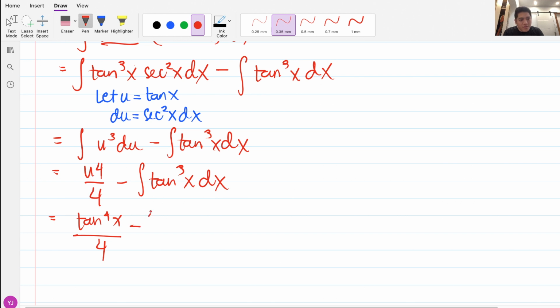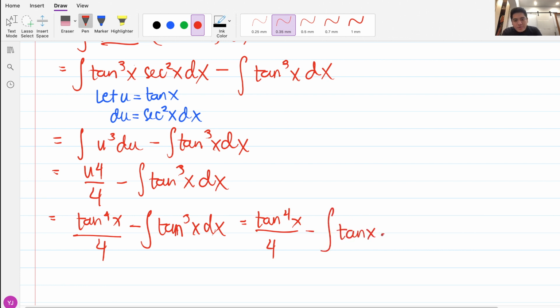So let's now focus on the second term, which is the integral of tangent cubed of x dx, because we are done with the first term. We have already gotten the answer for that. The same technique that we are going to apply for the next term: I have tangent of x multiplied by tangent squared of x dx.